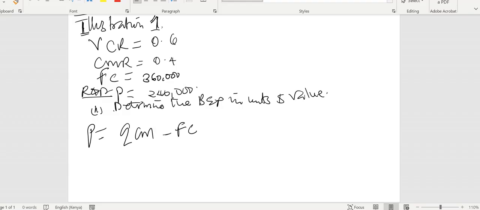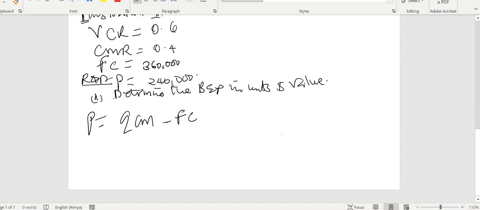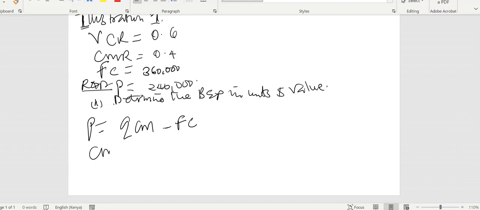So you're saying contribution margin is the same as contribution margin ratio? No. Contribution margin is equal to price minus variable cost per unit.